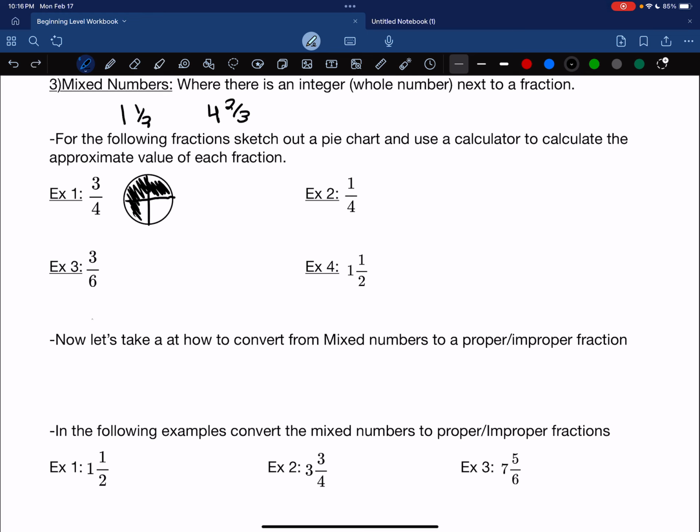There you go. So this here is what is called a pie chart, and this pie chart resembles this fraction. The shaded region tells us how close we are to 1, you can think of it as.